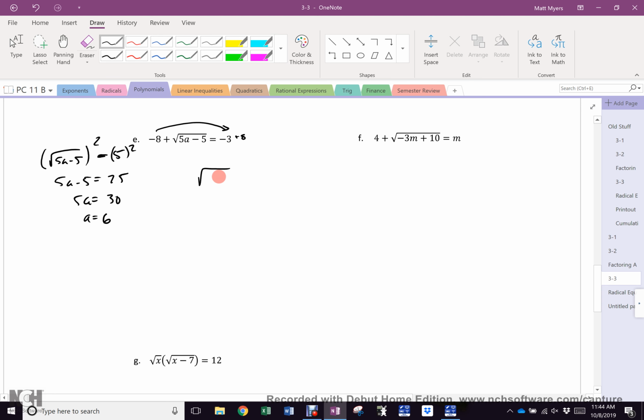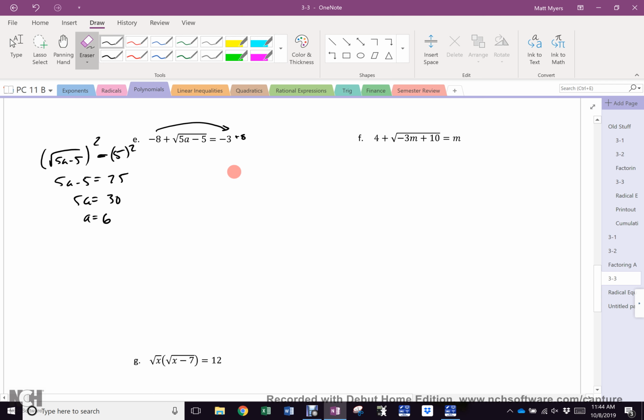The square root of anything negative cannot exist. Okay? You cannot have a square root of a negative number. They don't exist. Which means you cannot have anything under that radicand that is negative.